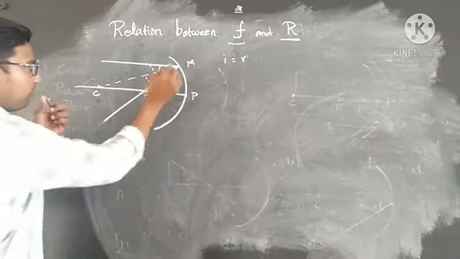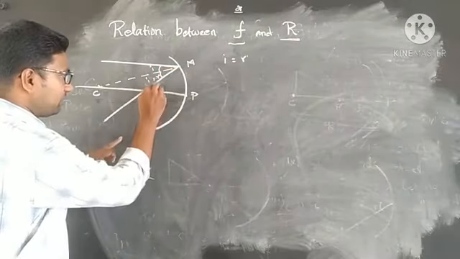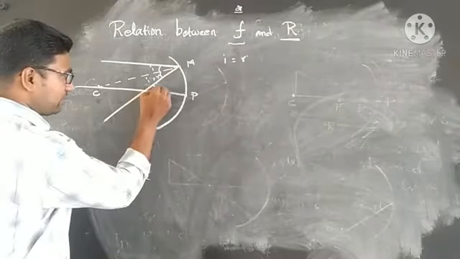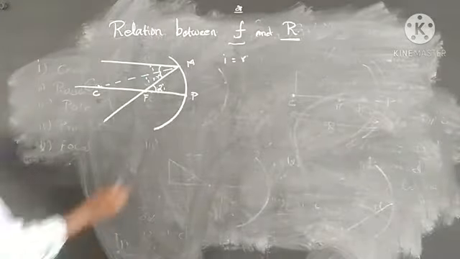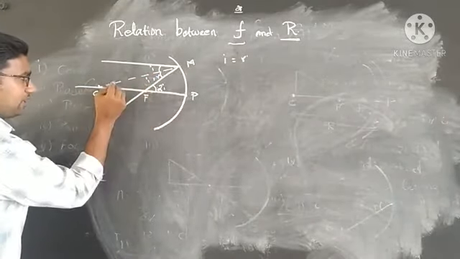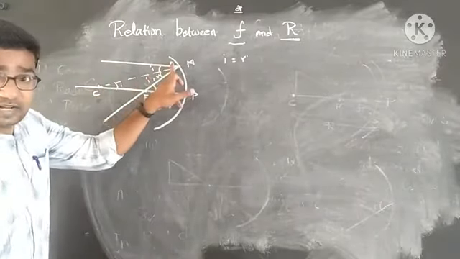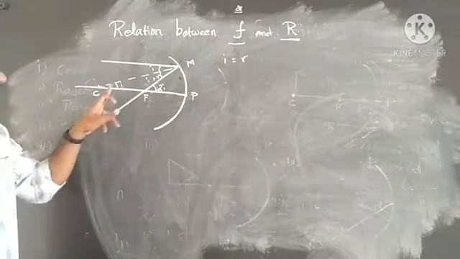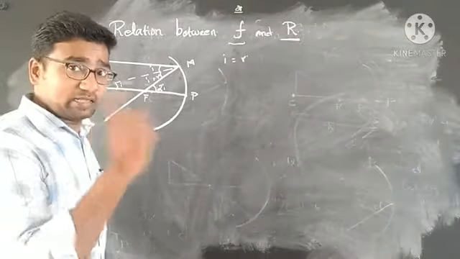The portion of MFP also creates an angle of deviation, so it creates a value of 2I. Am I right? At the same time, the angle of MCP creates an incident angle; the center of curvature creates angle I. So here, two right angle triangles are created.